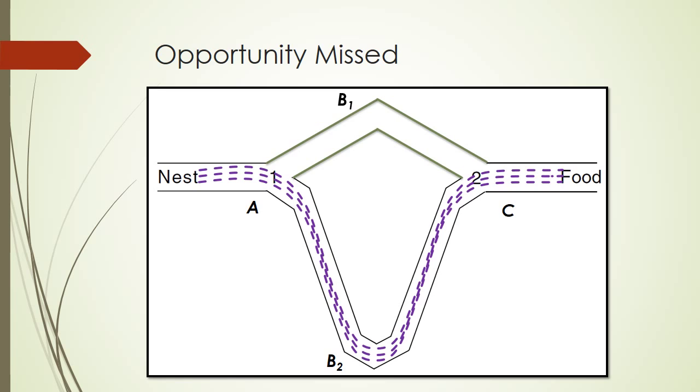But because they are probabilistically driven to go towards the path with the higher pheromone trail, or higher pheromone levels, they are likely going to ignore the shorter path.